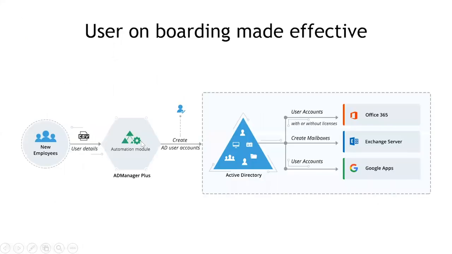Now, that's exactly what we achieve through AD Manager Plus. In AD Manager Plus, we help you automate some of the common tasks. One common task is creating users. So if you want 5 users to be created next Monday at 10 o'clock, tell the automation to read the user information from your SQL database, Oracle database, from your HR tool, and the automation will have the accounts created in any technology platform that you want, be it Exchange, Active Directory, Office 365, or Google Apps.